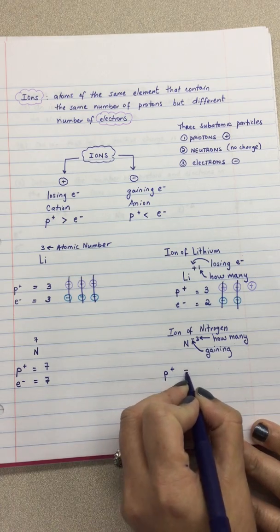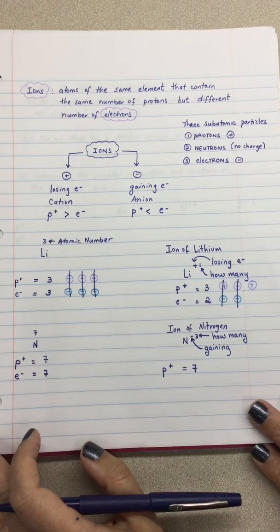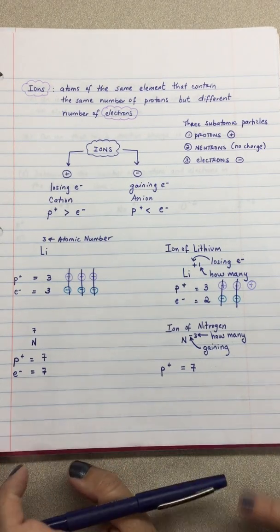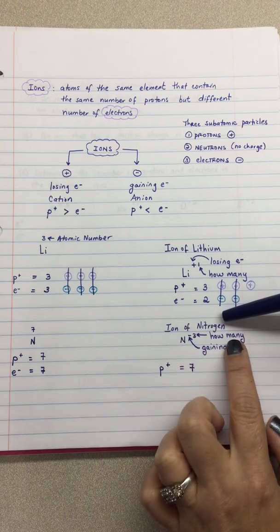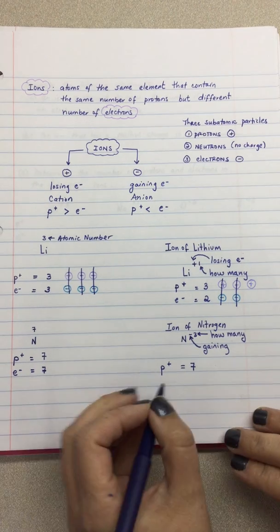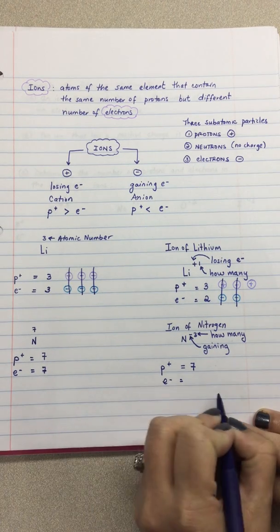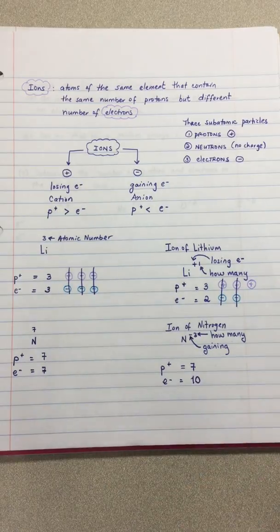The number of protons is not changing, because for you to have ions, the number of protons is not changing, just the number of electrons. So you still have your 7 protons, but now the ion of nitrogen is gaining 3 electrons, which means that your number of electrons now goes from your original 7 to 10 because you have 3 extra electrons.